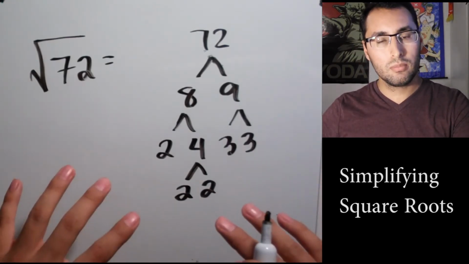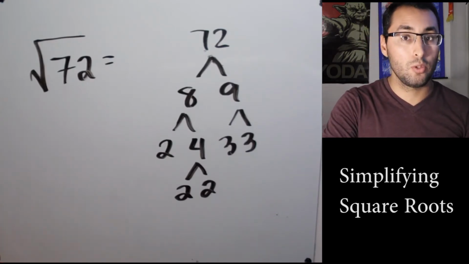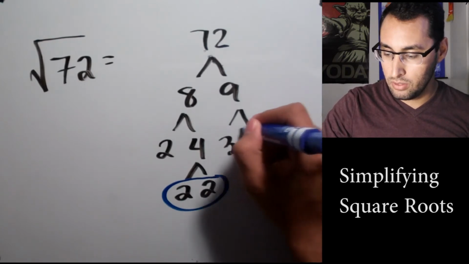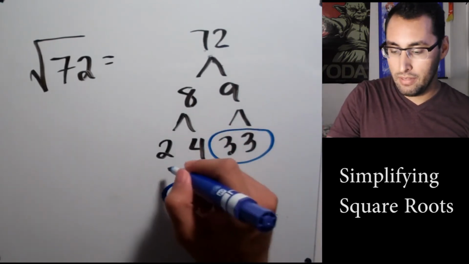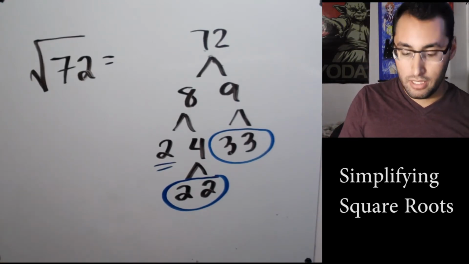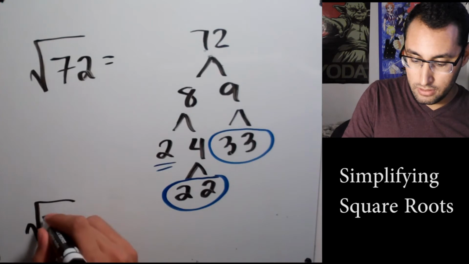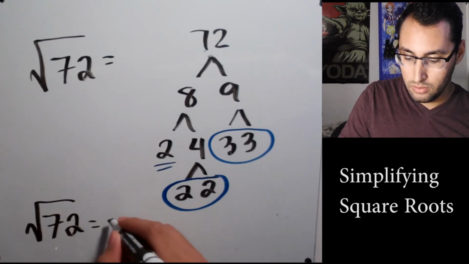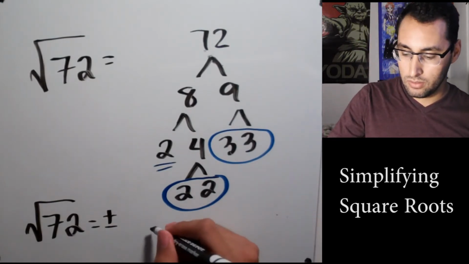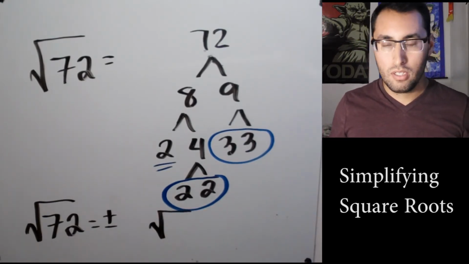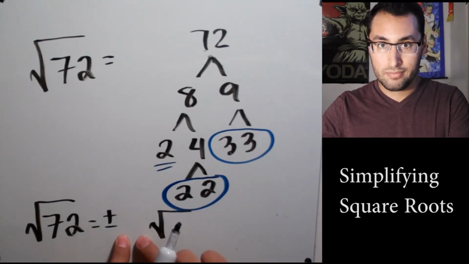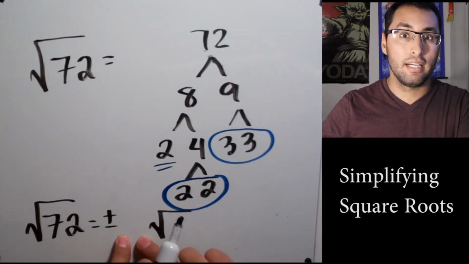When you fully simplify, don't forget to circle your pairs. We have two 2's, and two 3's, and then another 2 that's by itself. So the square root of 72 is equal to plus or minus. Pairs get to go outside the square root, but we have a 2 and a 3. What do I do with both those numbers? A lot of students think you have to add.